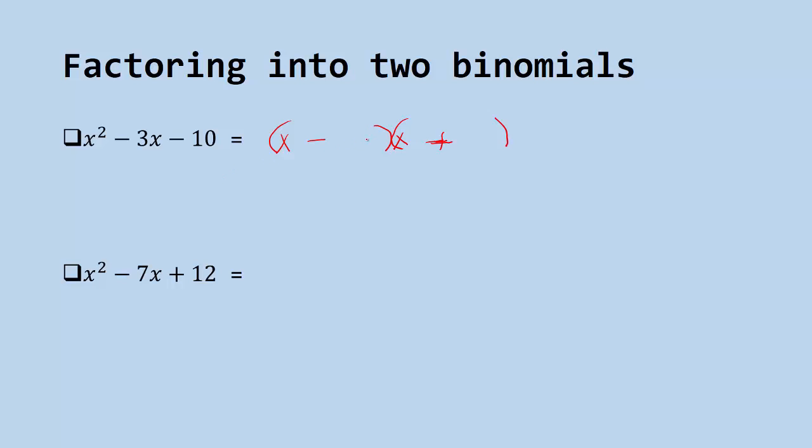So let's take 5 and 2. According to my integer math, I'm going to have a negative 5x from these two terms. The outside term would give me a positive 2x. And when I add negative 5x and positive 2x together, I get negative 3x.